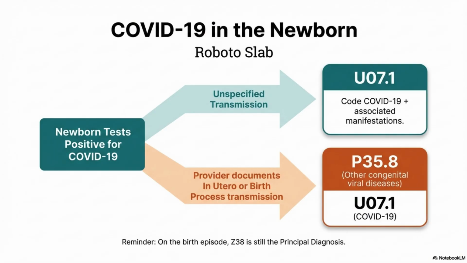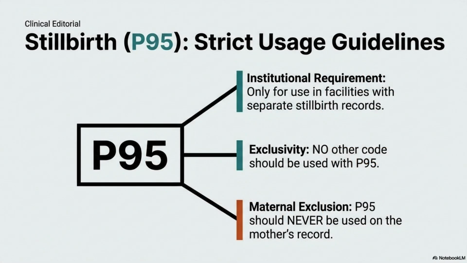That rule never changes. Now let's talk about P95, which is the code for stillbirth. This is one of the most tightly controlled codes in Chapter 16, and it's only used in very specific situations. P95 is assigned only in facilities that maintain a separate stillbirth record. If your facility doesn't have that structure in place, then this code isn't used at all. It's also an exclusive code, meaning no additional diagnosis codes are ever reported with it.